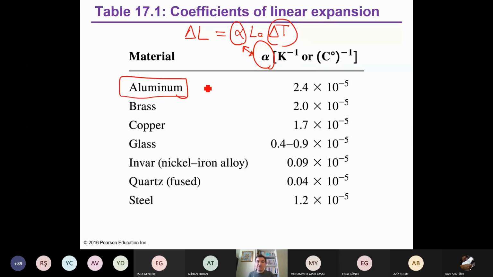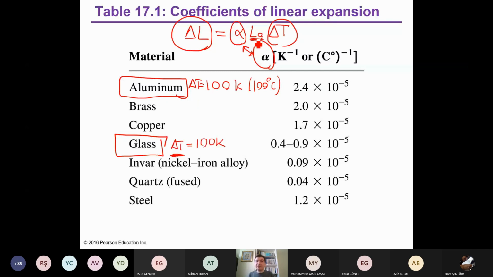Let's say you change its temperature by 100 Kelvin or 100 degrees Celsius, then its length will increase, but with the same change in the temperature of the glass, let's say again delta T is 100 Kelvin, you have the same delta T, you have the same L0, but you will have a different delta L. You will have a different linear expansion because glass has a much lower linear expansion coefficient compared to the aluminum or brass.